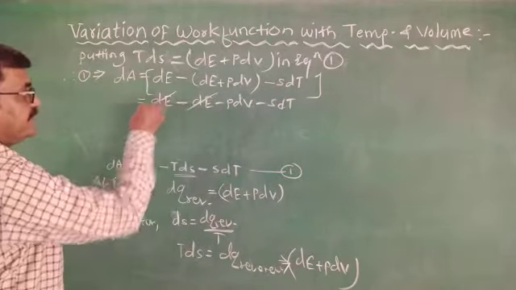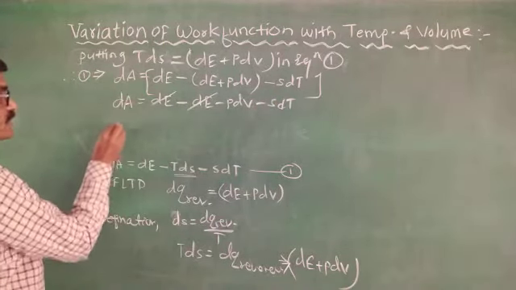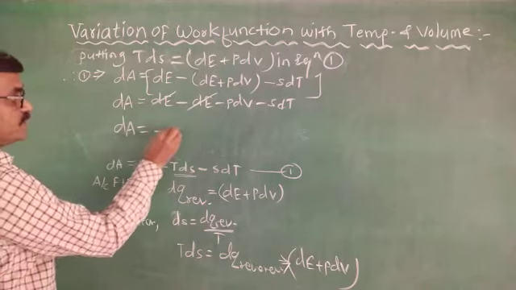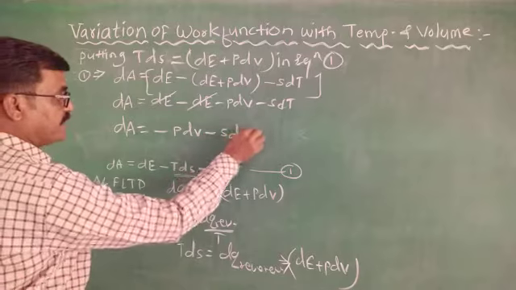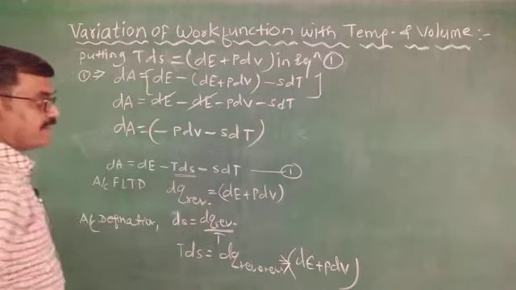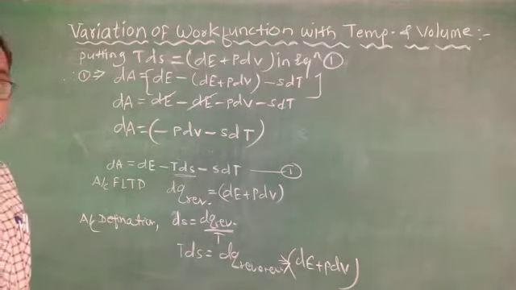From this dE gets cancelled. That's why dA is equal to minus P dV minus S dT, and this is our required equation.